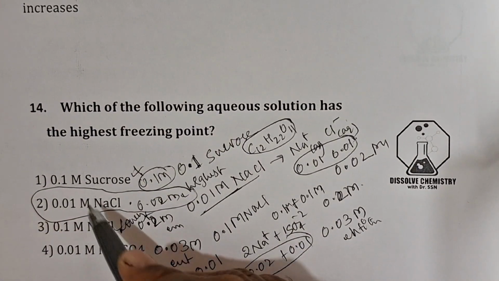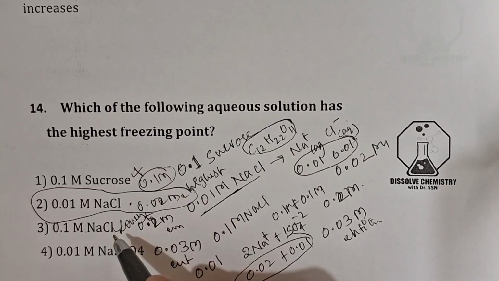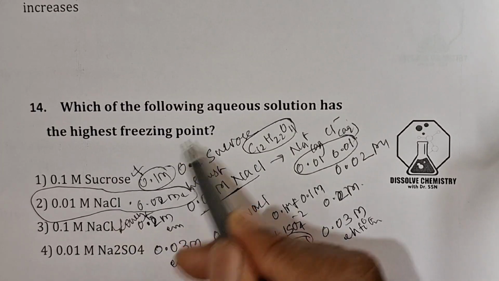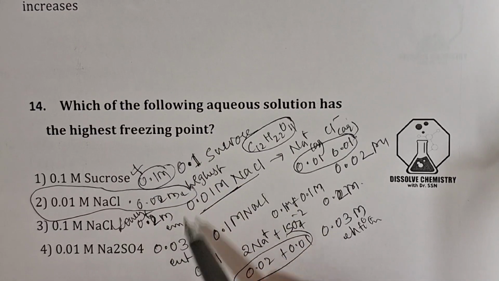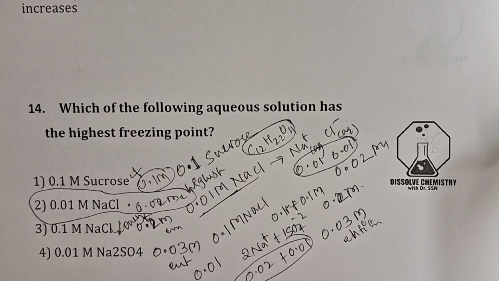Second option will be for highest freezing point, and third option will be for lowest freezing point. If it is asked for lowest freezing point, then you should choose like this, and you should make a note of this. How do we identify if it is an electrolyte? If it dissociates, see how many entities, cations, anions, whatever it is.